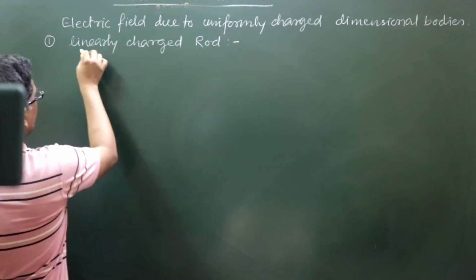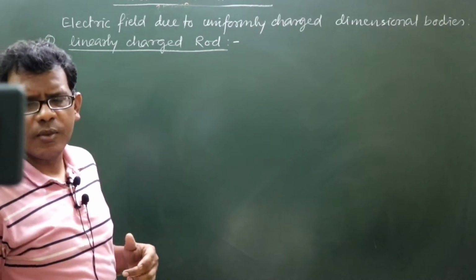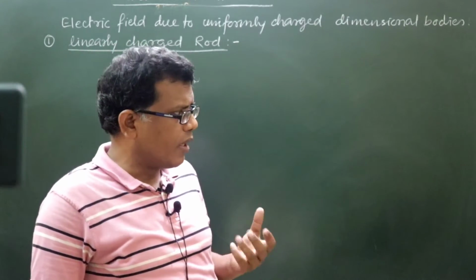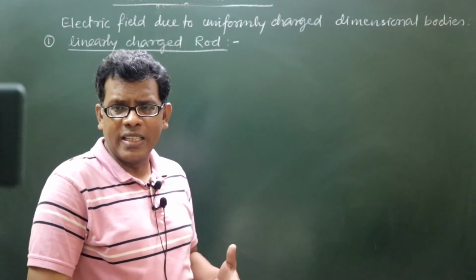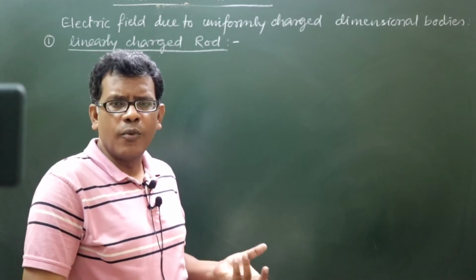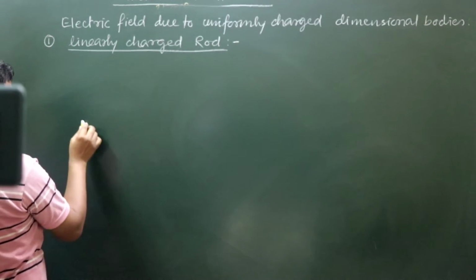First we will take a one dimensional body, that is a rod. Being one dimensional, the charge distribution will be said to be linear, that is, charge per unit length will be constant.